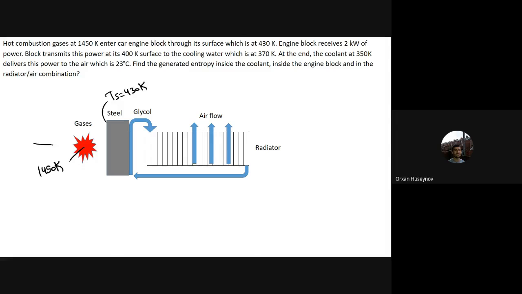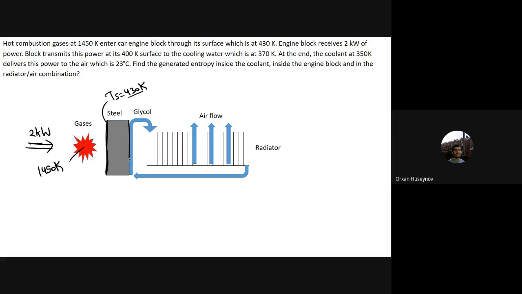So you have the 2 kilowatts of power that comes from the gases to the engine block. And then the block transmits this power at its 400 Kelvin surface to the cooling water. So then it receives the 2000 watts from the 430 Kelvin.